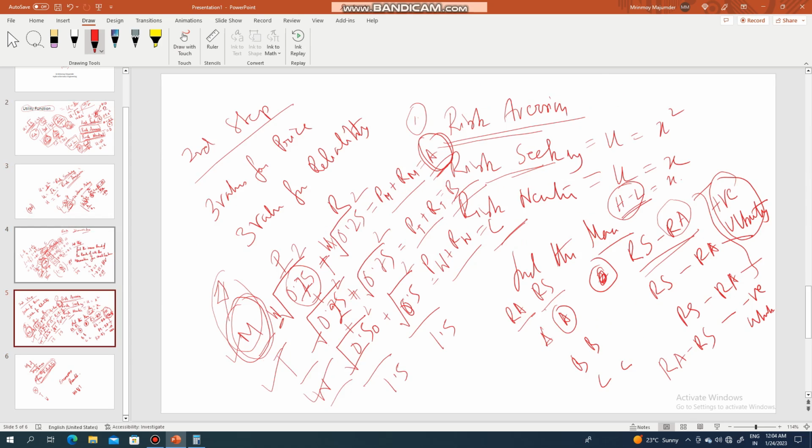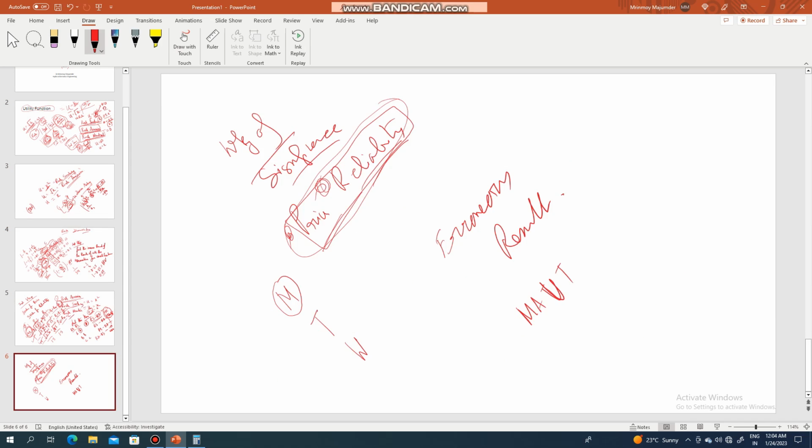So let us again summarize. The first step is rank each of the alternatives. The second step is calculate the inverse rank value. Third, after finding the IRV, you square it for each of the options and its values of the relativity.